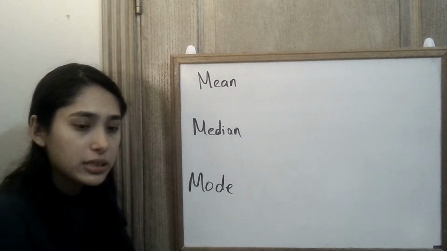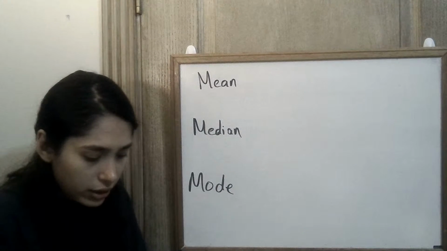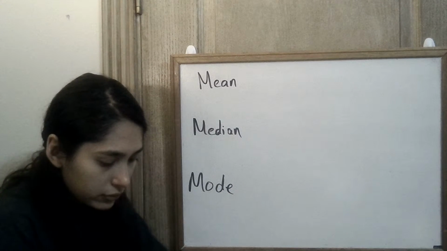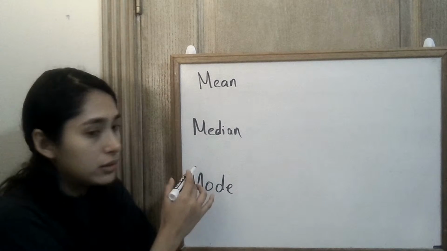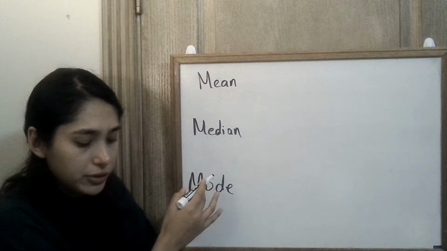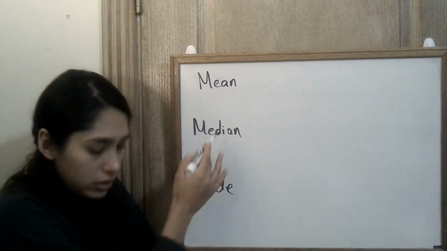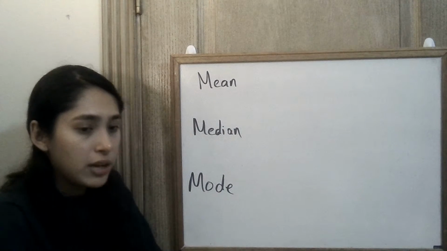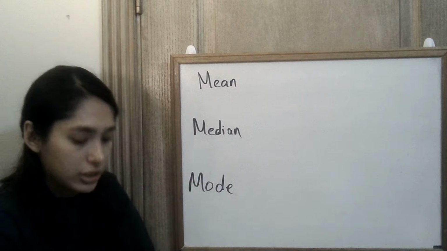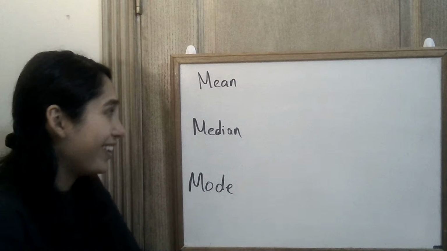Now, mean doesn't necessarily mean someone who's angry. Median, I mean, it's exactly what you expect. It's what's in the middle. And then mode does not mean like pie a la mode. It just has another definition.